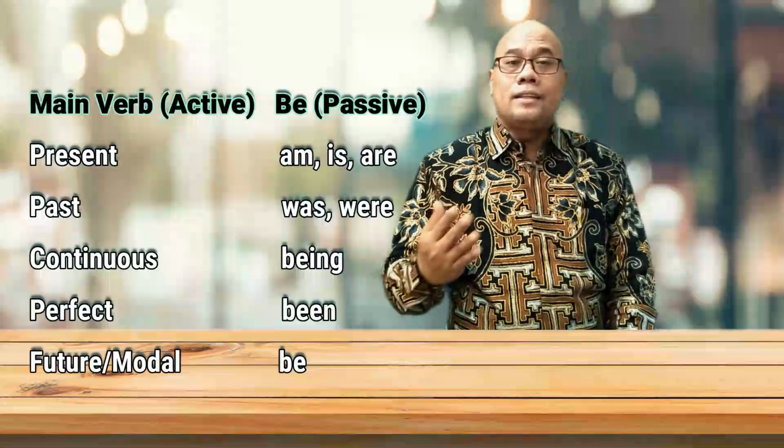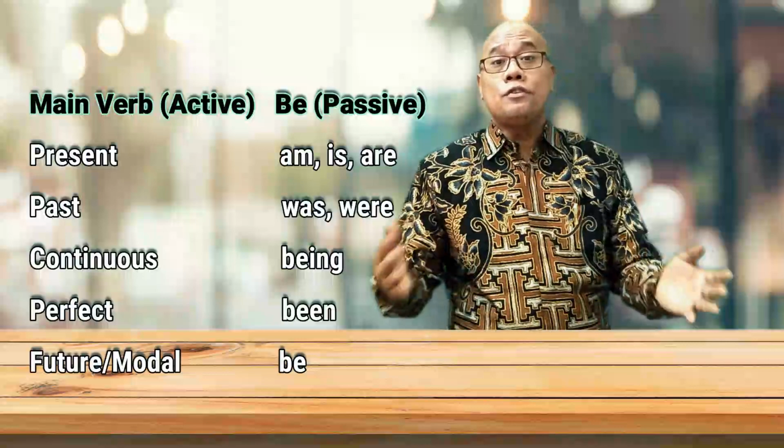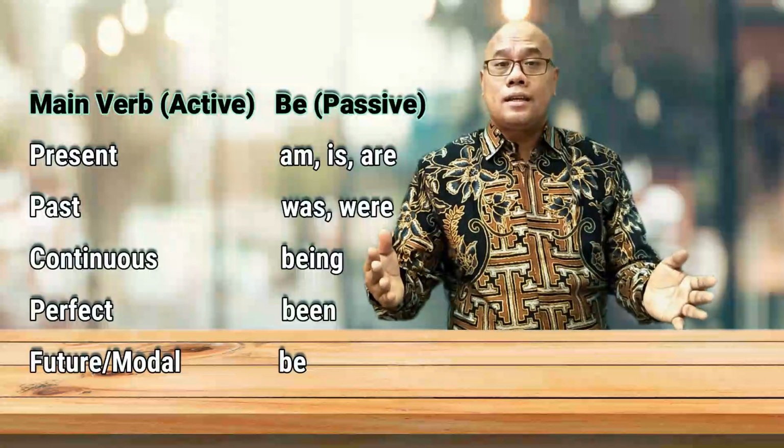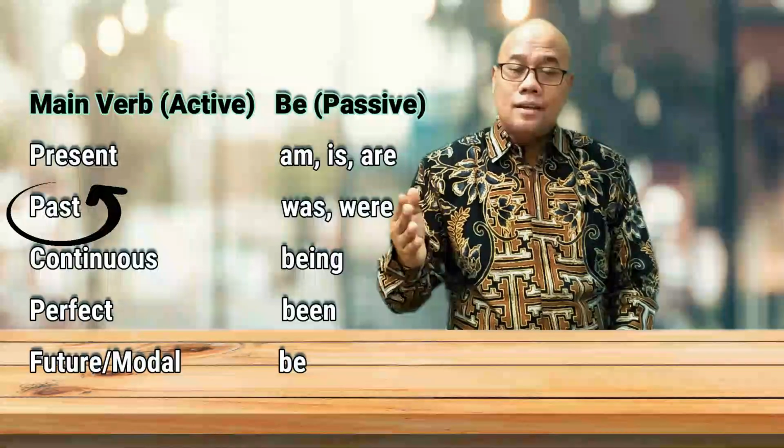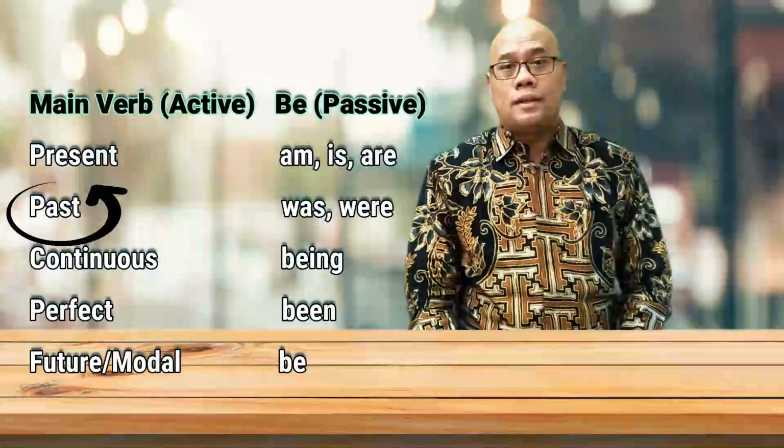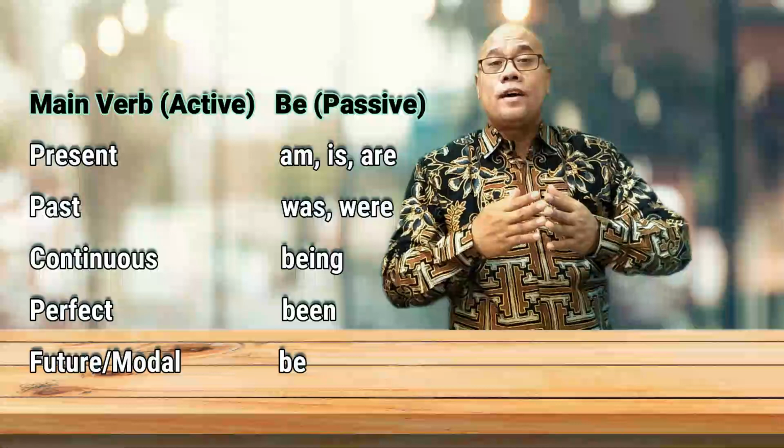However, in this discussion, we will focus on past passive voice. Let's check one example. We have the example from the previous step. Mumtaz wrote a letter. That's an active sentence. And the passive sentence is a letter was written.